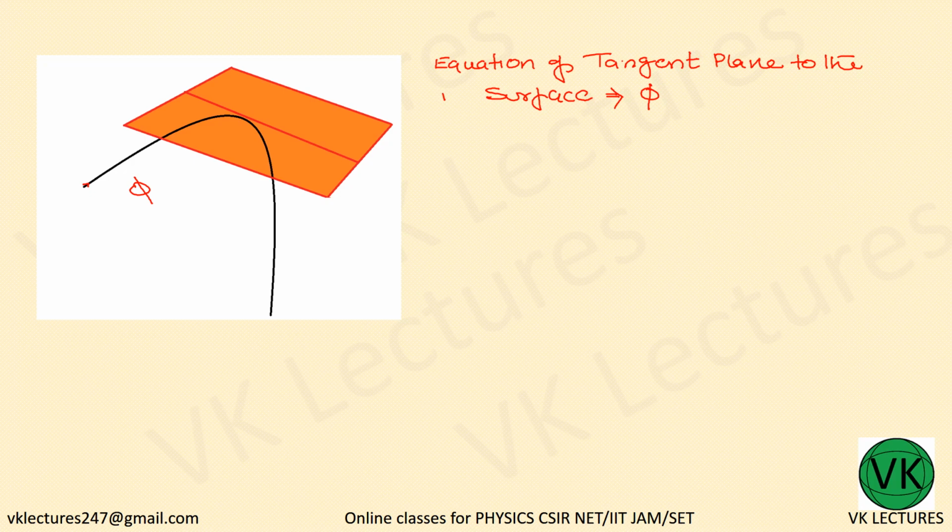Okay, so here we can take 2 points. That means here you have a point touching the surface, let me write it as x naught, y naught, z naught.